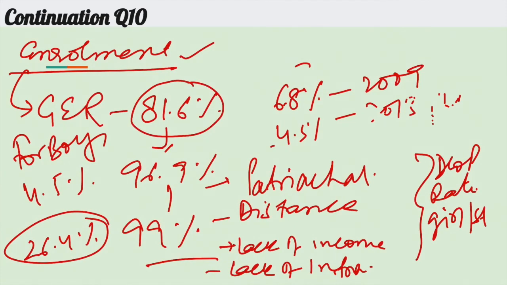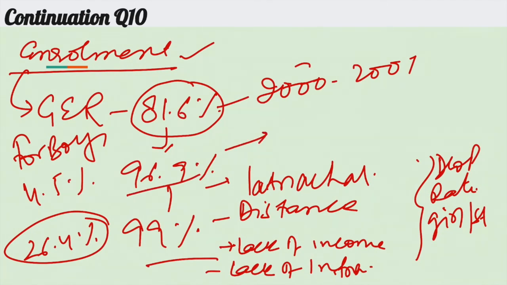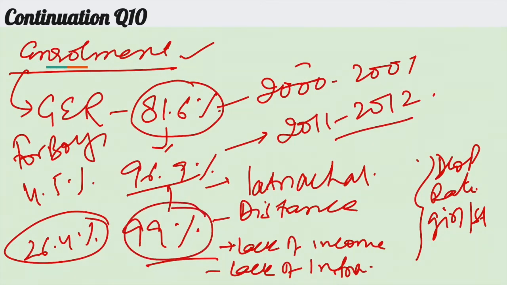So basically, enrollment: we all know that the gross enrollment ratio was 81.6% in 2000-2001, which increased to 96.9% in 2011-2012, and is today at 99%.